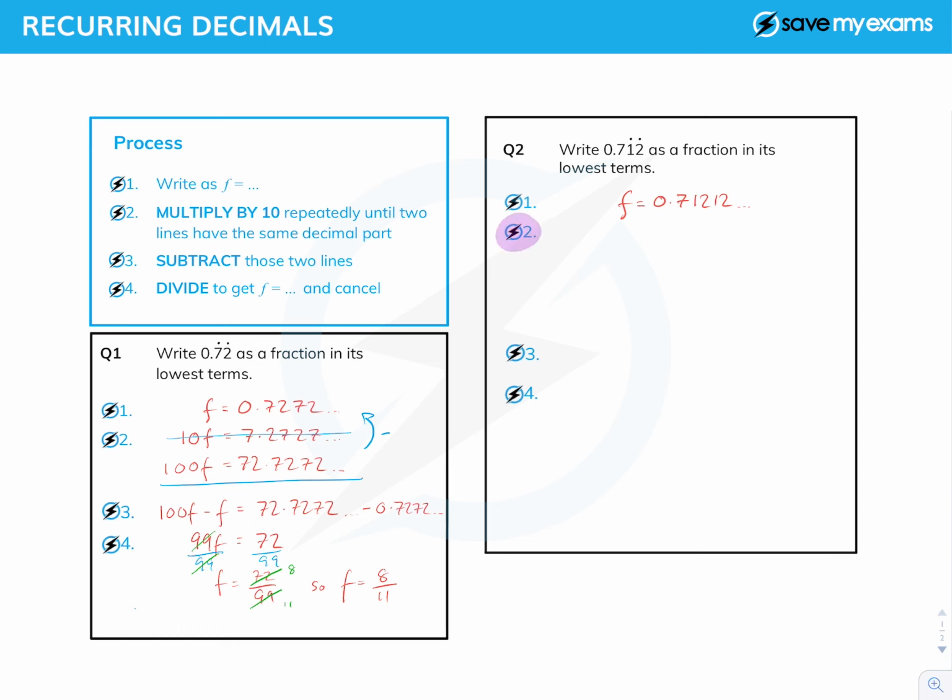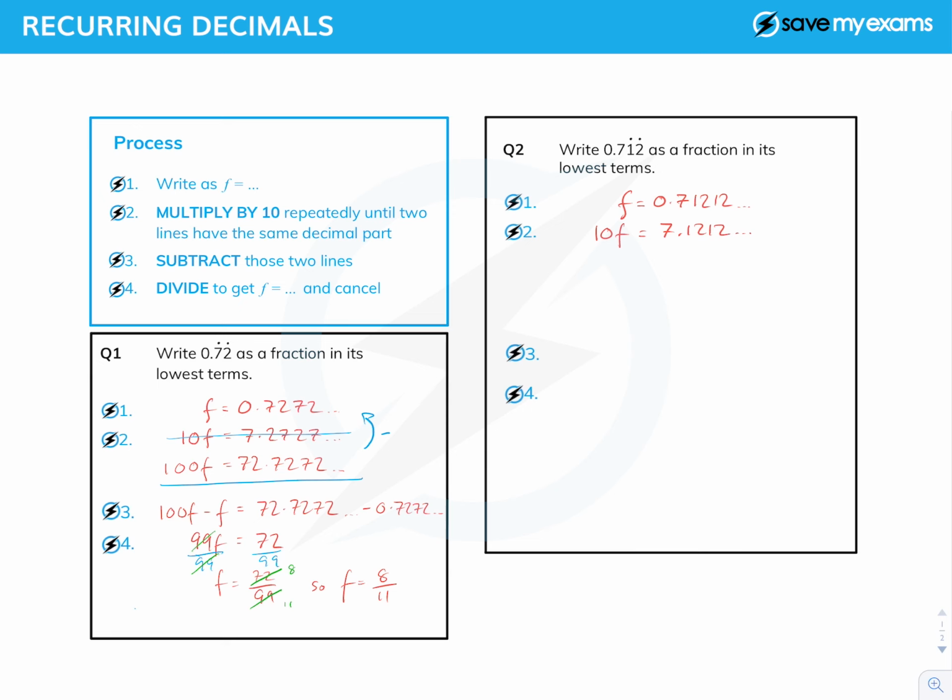Step 2, that's the multiplying by 10 until I get two bits with the same decimal in them. So multiply by 10, I get 10f is equal to 7.1212 recurring. Now you'll see that the decimal point has just moved one place to the right, basically.